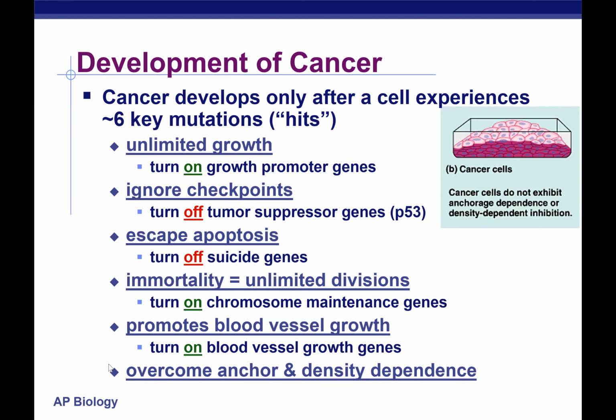So this combination of genes is also responsible for overcoming this, so that a cancer cell can make a tumor, becomes crowded, still keeps on dividing, and also doesn't require any substratum to grow.